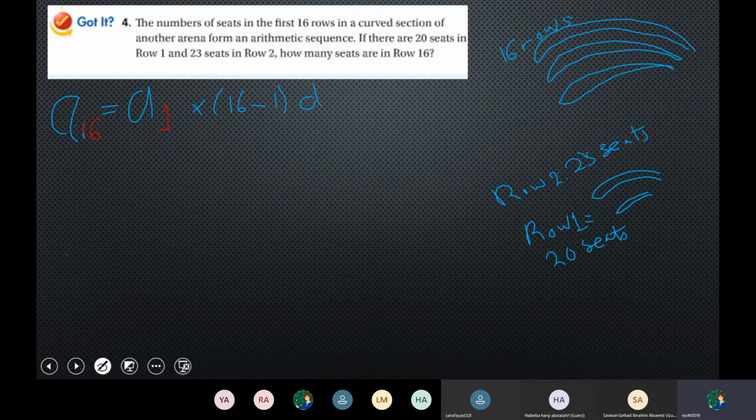If I want to find a sub 16, you use the initial term plus 16 minus 1 times d.